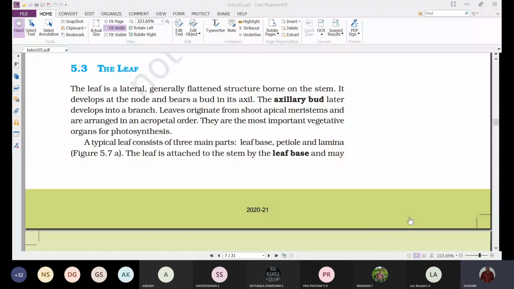Acropetal means old leaves at the base of the stem and young leaves at the tip of the stem. That means the arrangement is from old to young. Such an arrangement we call acropetal.